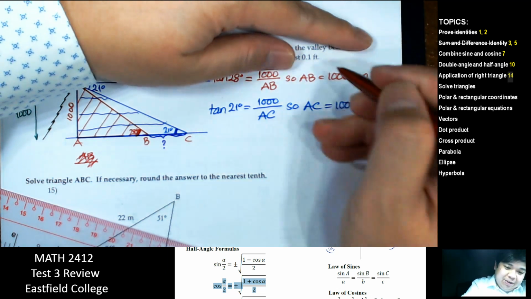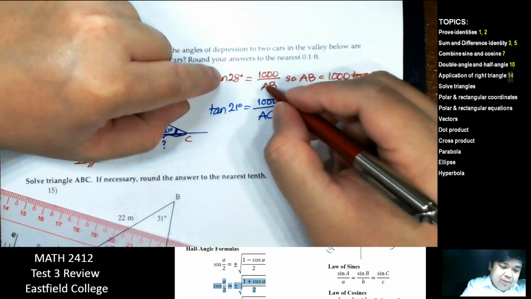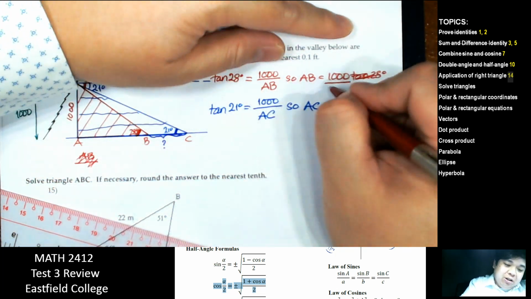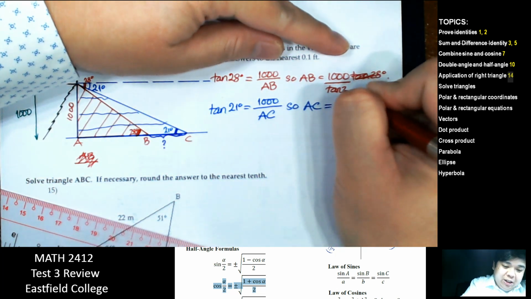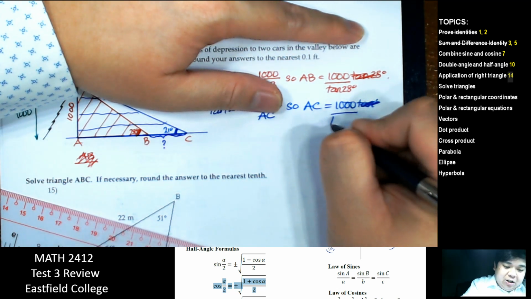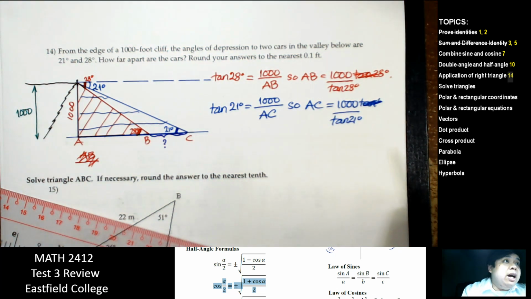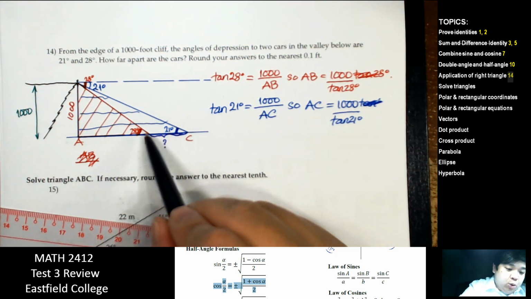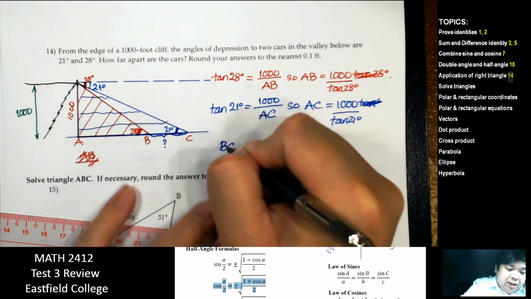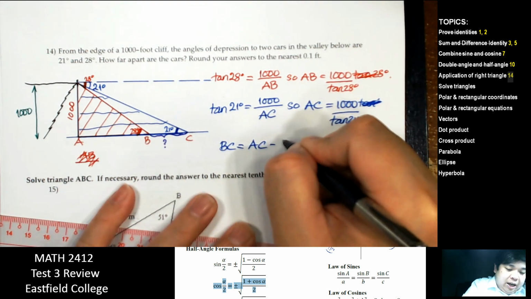Sorry, it's not multiplying, it is dividing. AB is equal to 1000 divided by tangent 28 degrees, and AC is 1000 divided by tangent of 21 degrees. And finally, the distance between them, BC, is equal to AC minus AB.